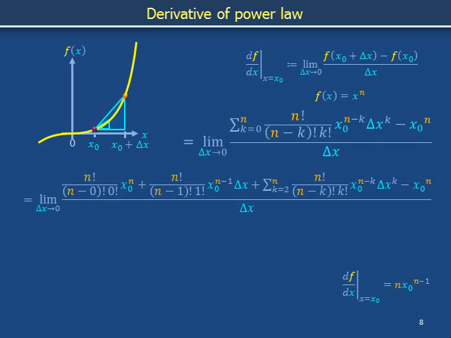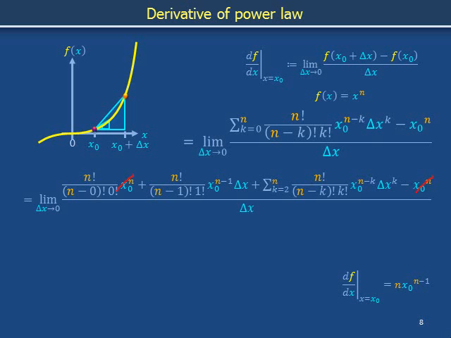The remaining terms for k equals 2, 3, 4, and so on as necessary to reach n remain collected succinctly in the sum from k equals 2 to n of n factorial over n minus k factorial times x naught to the n minus k power times the kth power of delta x.